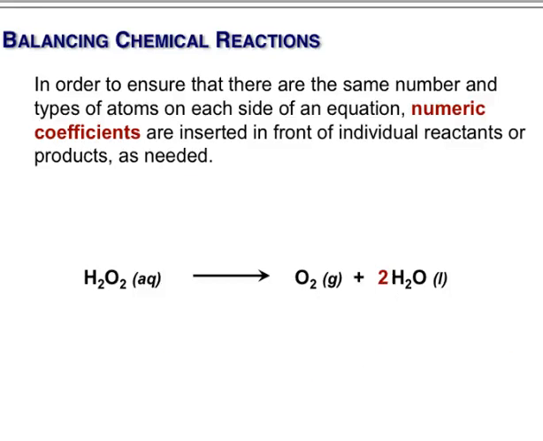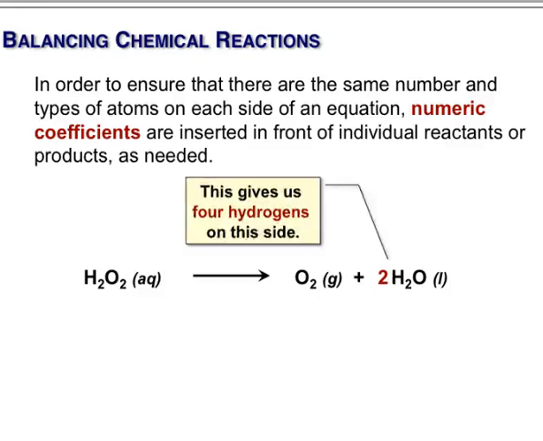By doing this, we wound up with 4 hydrogens on this side, didn't we? And we only have 2 hydrogens on this side. We also have 4 oxygens on this side and only 2 on this side.